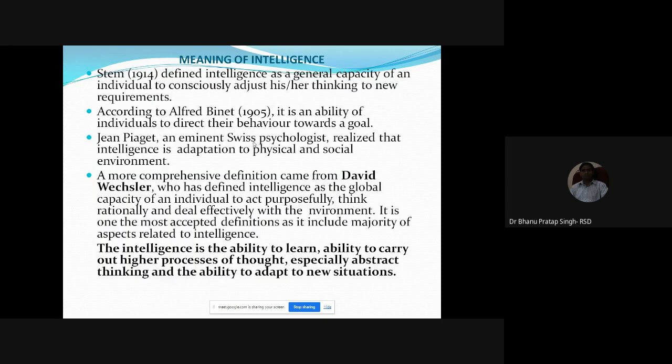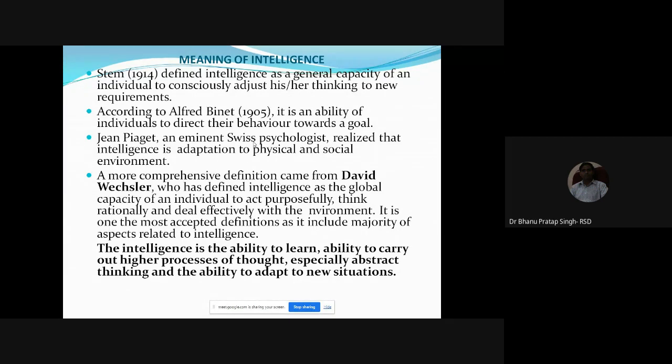So first, the various philosophers have defined intelligence. One is Stern. In 1914, he defined intelligence as a general capacity of individual to consciously adjust his or her thinking to new requirement.